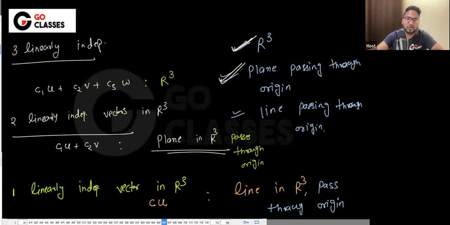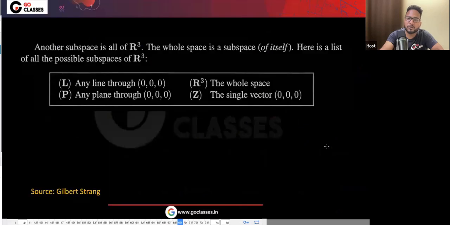A plane passing through the origin, a line passing through the origin, and the last one is the zero vector. So these are the possible subspaces of R3. Any line passing through the origin, any plane passing through the origin, the single vector 0, or the whole space R3. These are the four possible subspaces of R3.